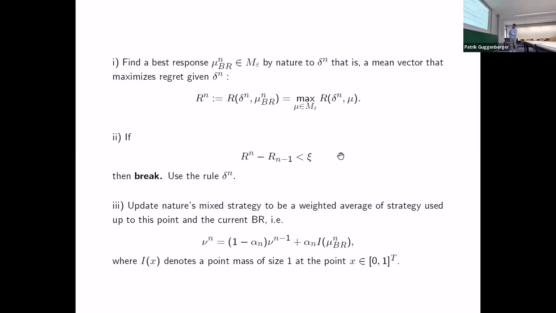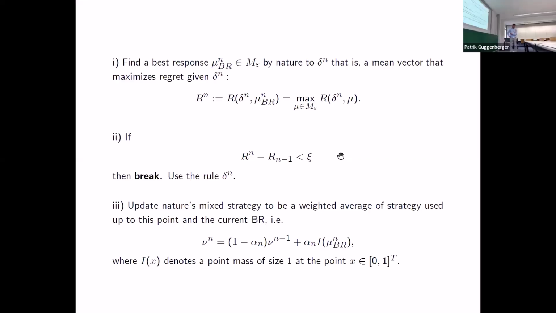So we have to solve this problem here. We have to find a nu that maximizes regret given that the policymaker uses delta n. Okay, and we are introducing notation here by Rn. We are denoting this quantity here.